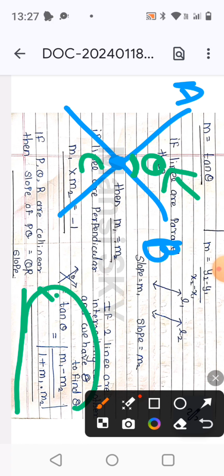So this is a very important formula, so just learn that. Let's move on. Next one.